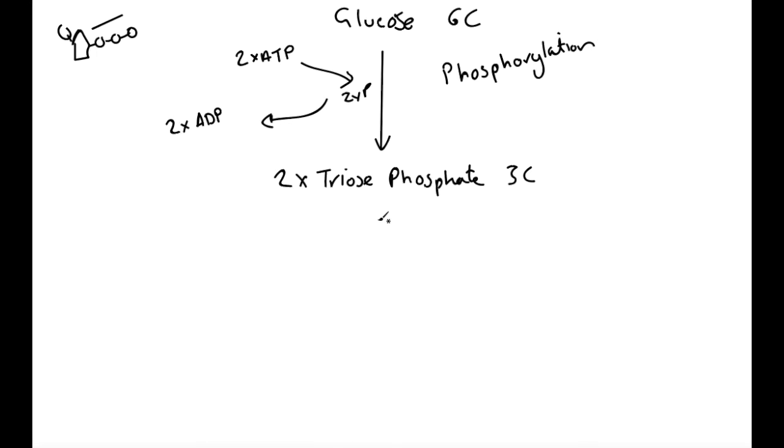The second part of glycolysis is that the 2 times triose phosphate, 3 carbons, get broken down further into 2 molecules called pyruvate. And that also has 3 carbons.